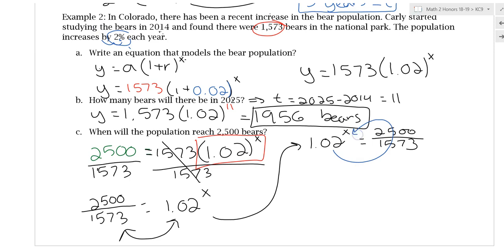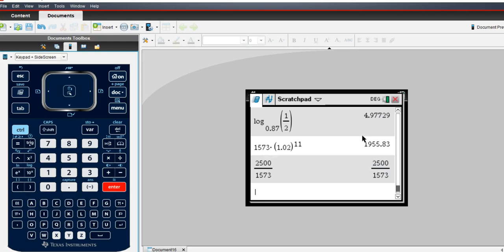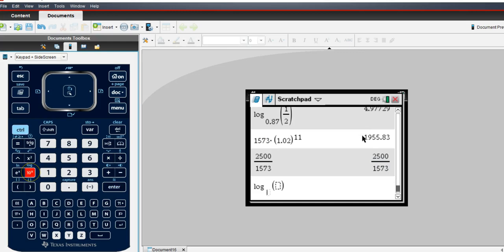Loop on through. Log base 1.02 of 2,500 over 1,573 x. We're just going to type that right in our calculator. So it's log of 1.02.